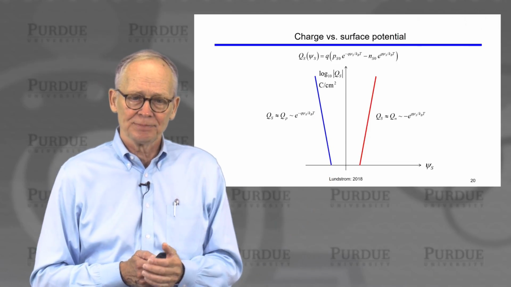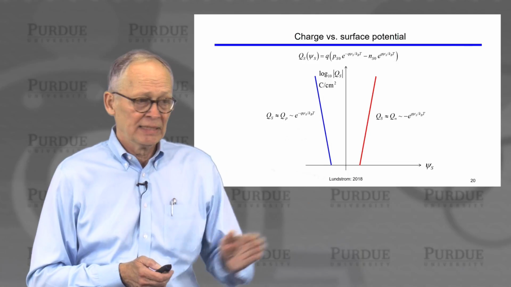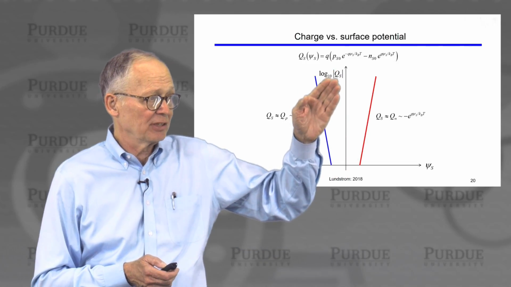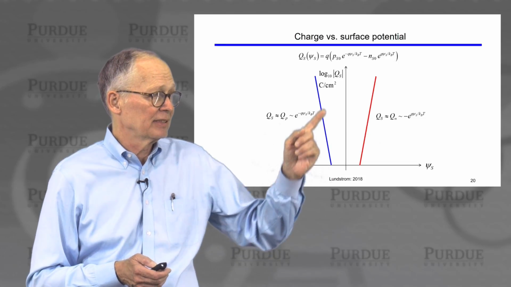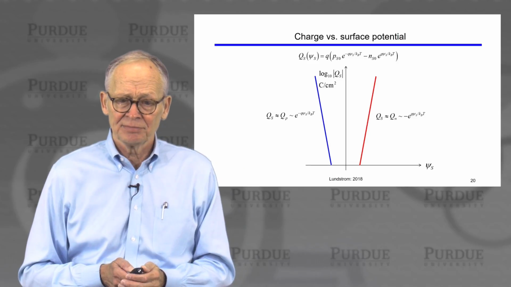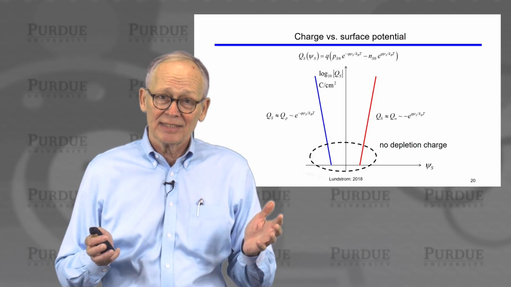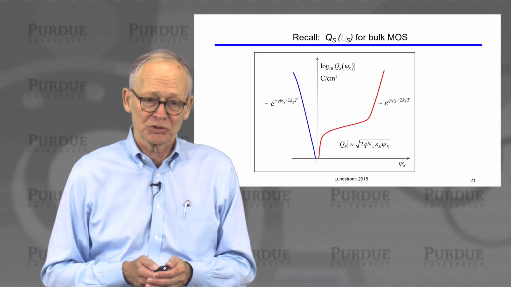So we can use it everywhere. So our charge versus surface potential would look very simple. It would just increase exponentially as we make a positive semiconductor potential, or increase exponentially as we make a negative semiconductor potential. Okay. Notice in these curves, there's no depletion charge. We only have mobile charge.